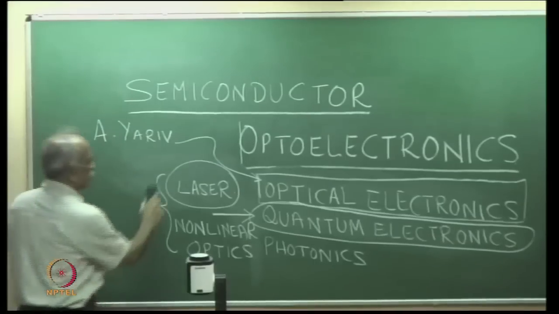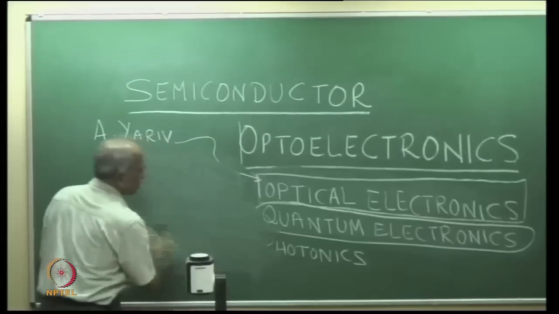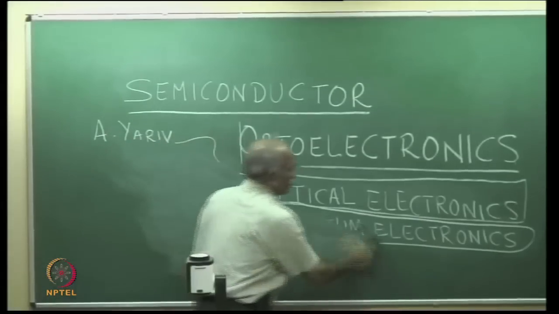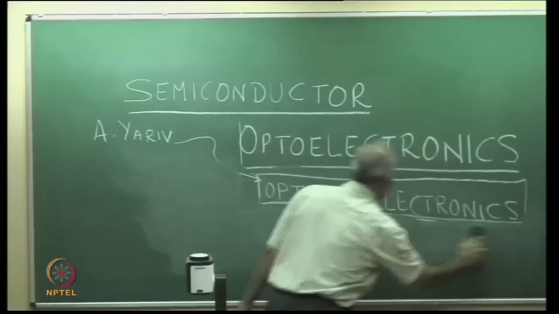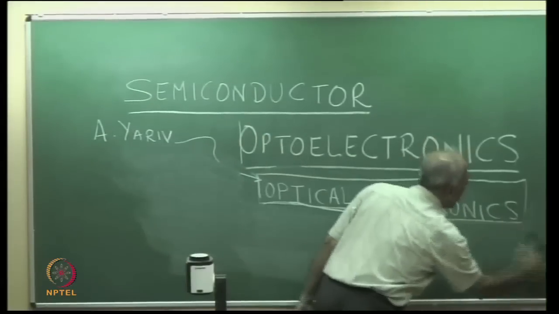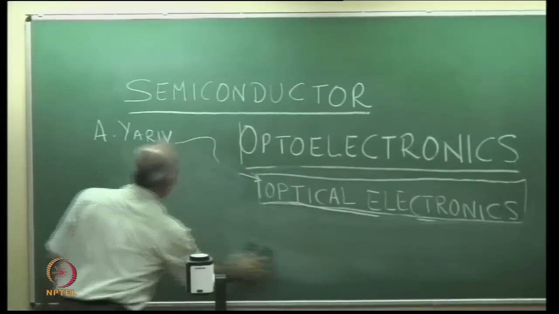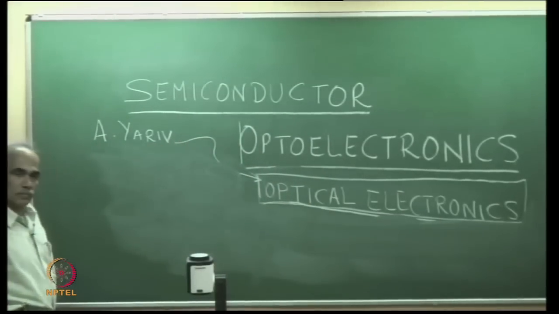Optical electronics included lasers, nonlinear optics, electro-optics, magneto-optics, acousto-optics, and most of the optical properties. Then comes photonics.